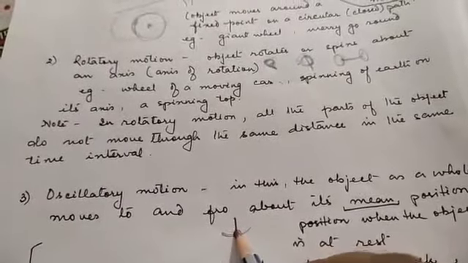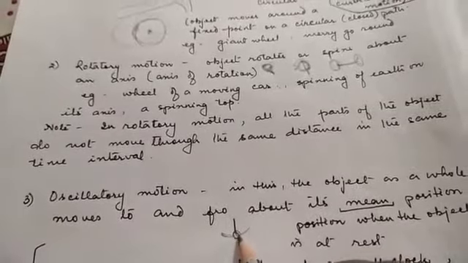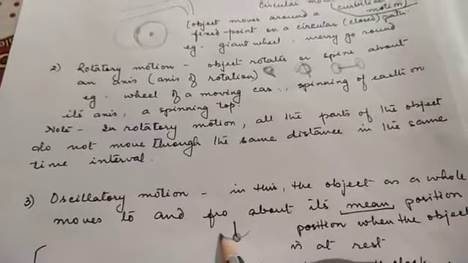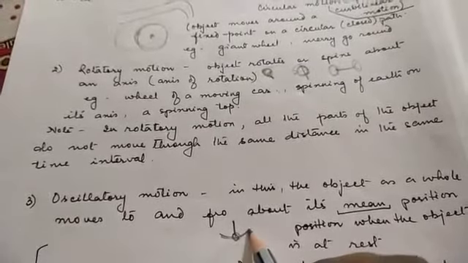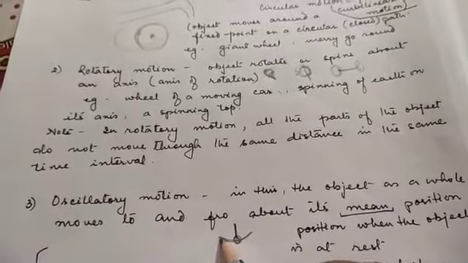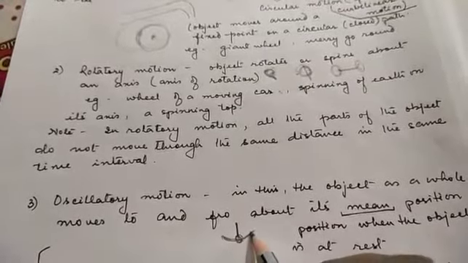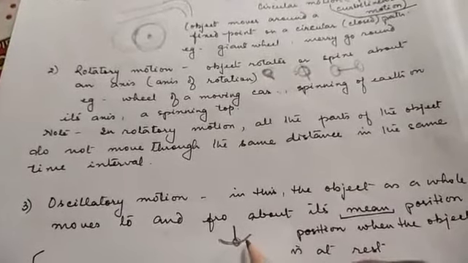Mean position is the position where the object is at rest. Now if you gently push it, it is going to go up like this, and the same distance it is going to come forward. Whatever distance it covers backward, the same distance it covers forward. So this is oscillatory motion.